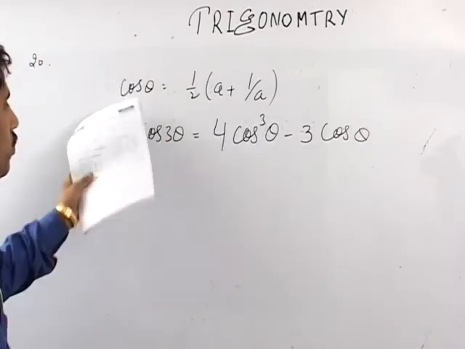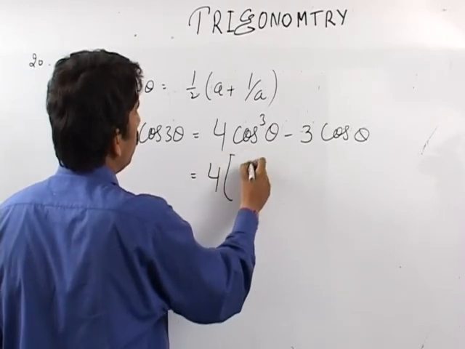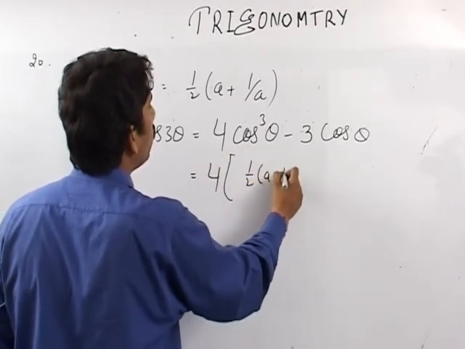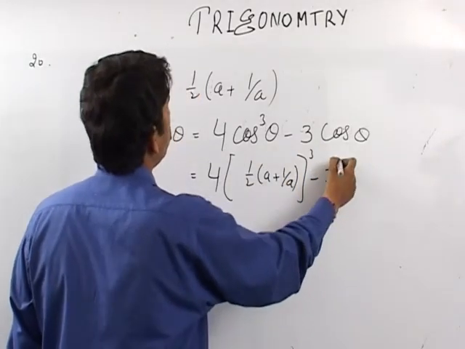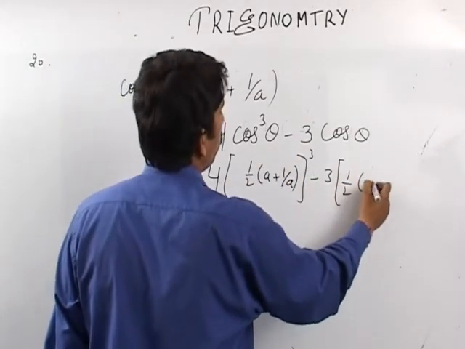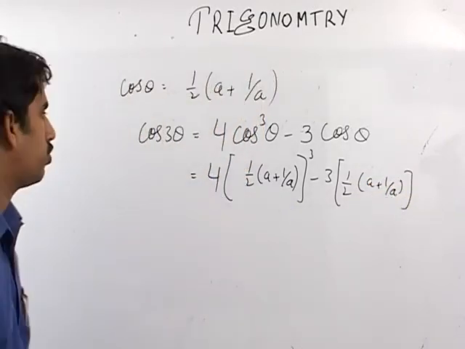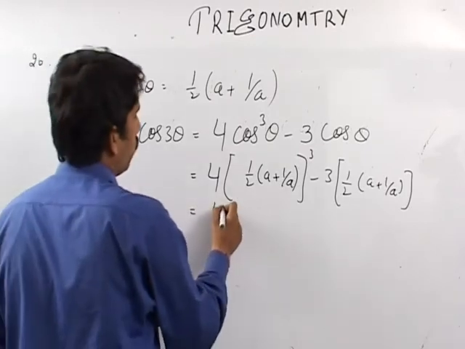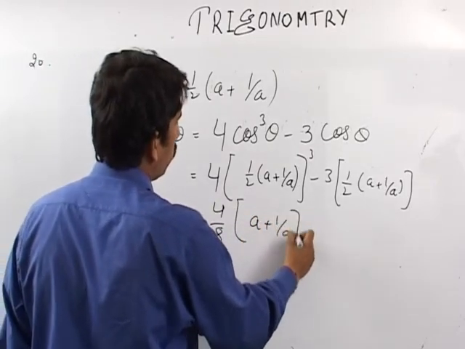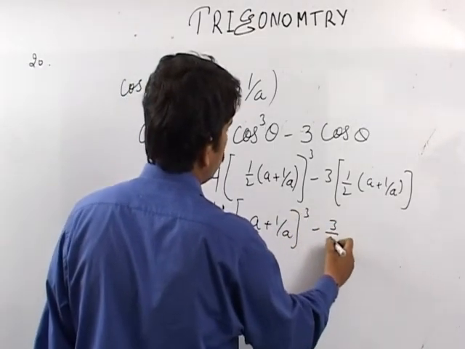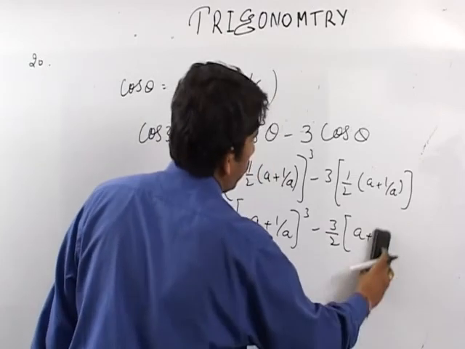Now when you put this value of cos theta here, you will get 4 times (1 by 2)(a plus 1 by a) whole cube minus 3 times (1 by 2)(a plus 1 by a).